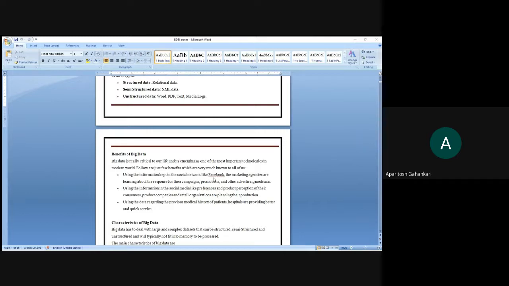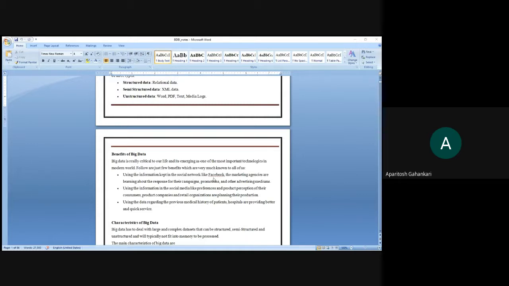So I can utilize the campaign of Facebook to target this type of customers, this type of target group, and achieve my goal. By using the tools and analytics available with the help of social media like Facebook, Instagram, and others, we can utilize all these things.